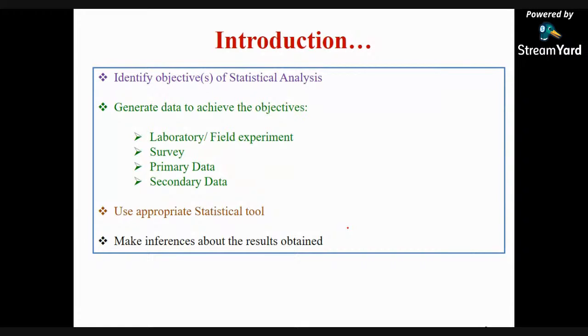And third is primary data collection. You have an experimental plot, or you have planned an experiment, and you are going and collecting the data from your field, from your lab, or from a door-to-door survey. That is a primary data set. And the second is the secondary data set.